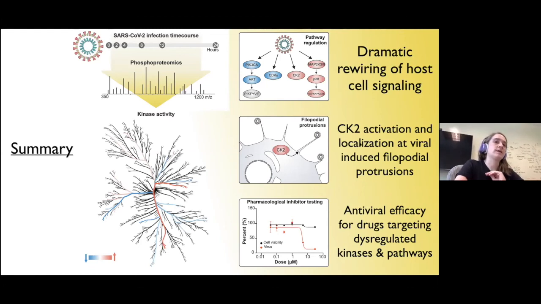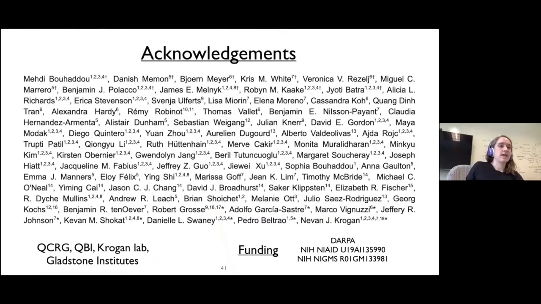We observe activation of CK2, which localizes at these viral-induced filopodial protrusions and seems to be a way for the virus to propagate from cell to cell. And then we take all this information and translate into drugs and demonstrate that many of these drugs have antiviral efficacy. So with that, I'd like to just thank again all of our collaborators, and I'd be happy to answer any questions.